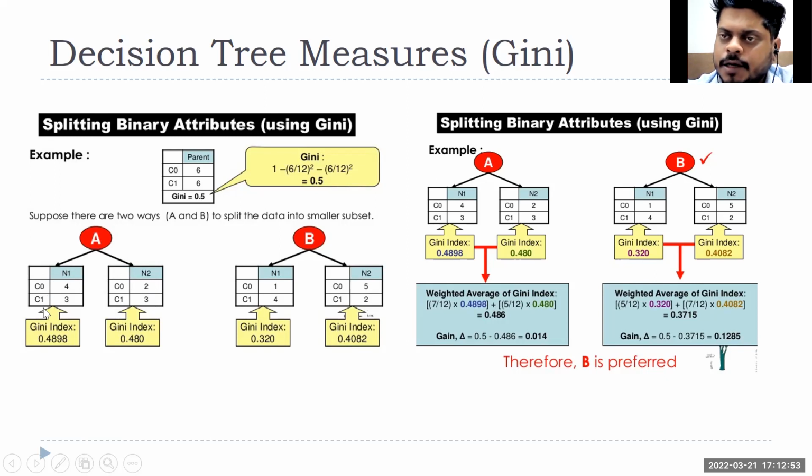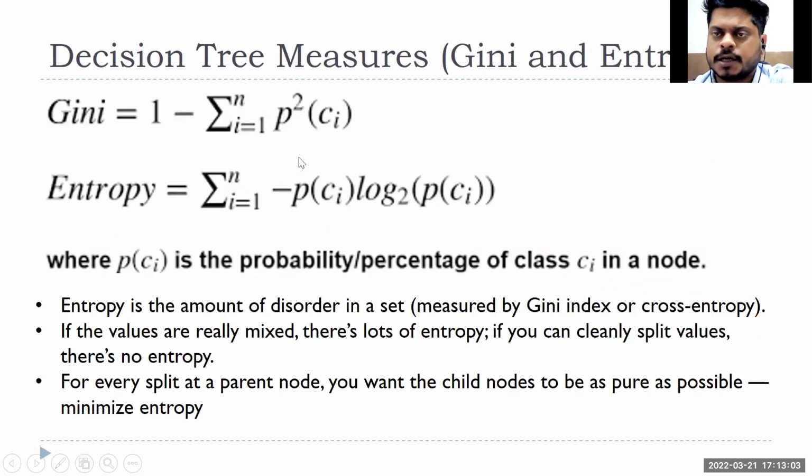Now I'll calculate my Gini index. 1 minus (4 by 7) square minus (3 by 7) square. I hope you remember the formula: classification ratio, square of that.